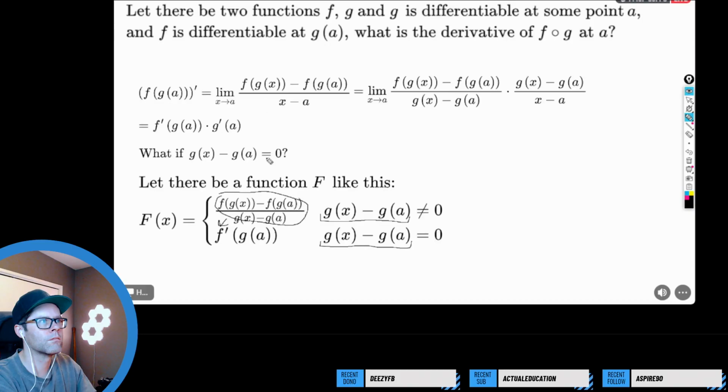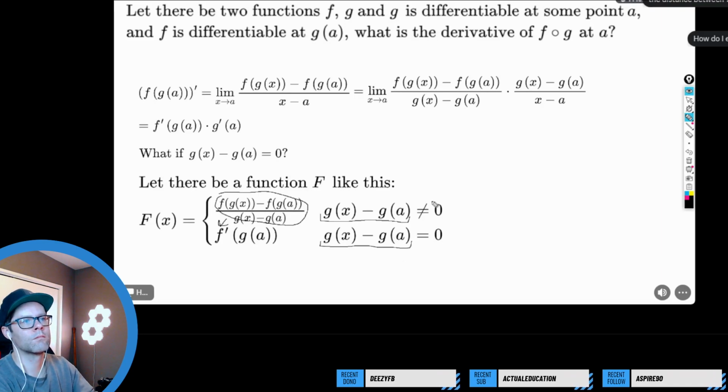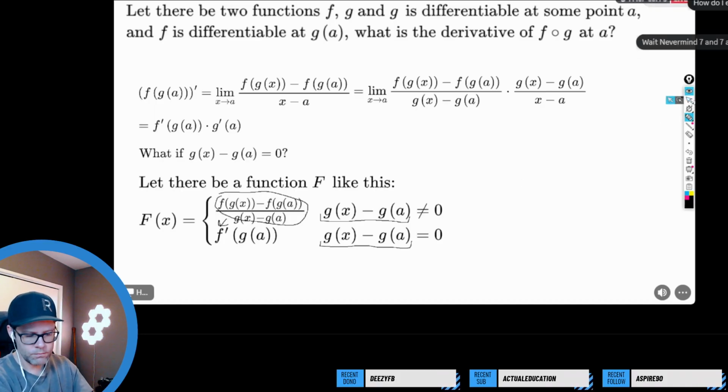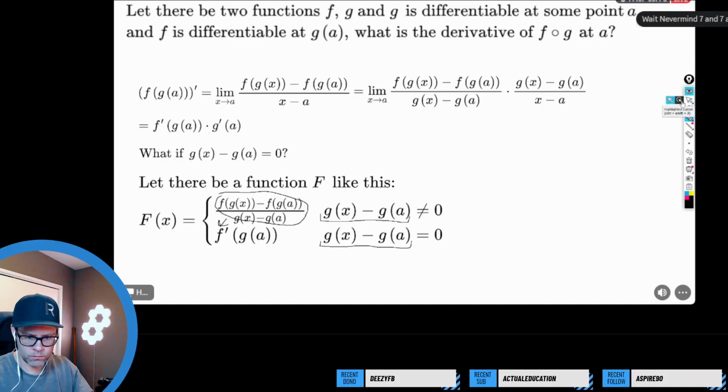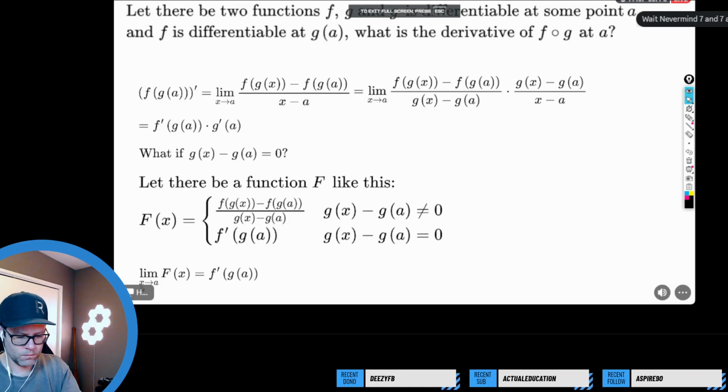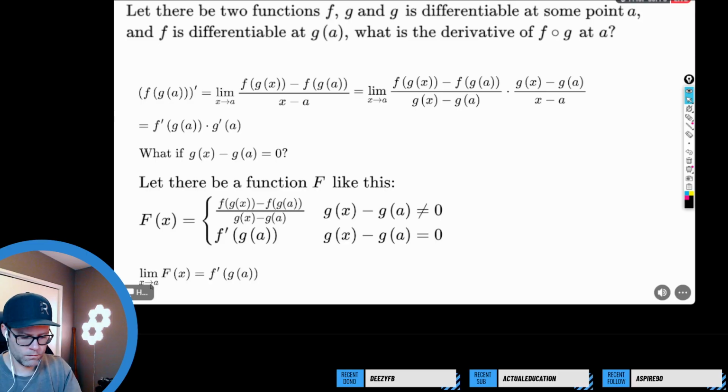Now we are counting on this being continuous at where g of x equals g of a, but I will not prove it here. It is not that difficult, and it is actually a pretty nice exercise. So we can use it, and this will be very important: as x goes towards a, capital F of x goes toward f prime of g of a.